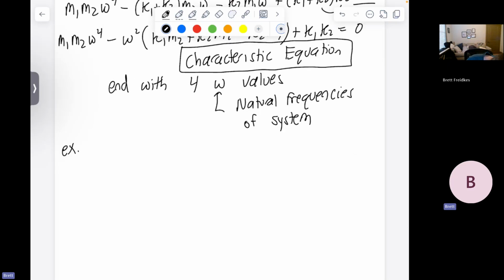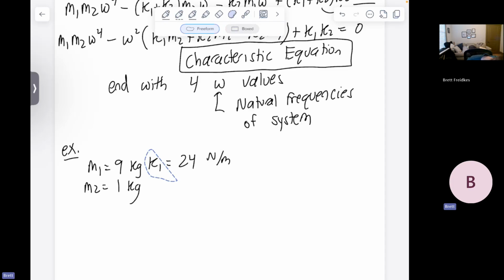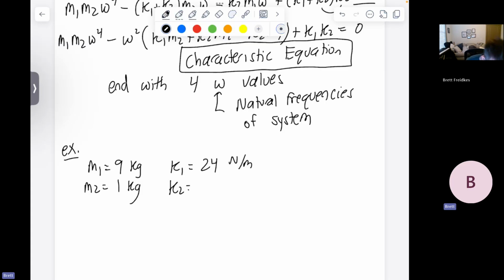So let's do an example with numbers. Let's say I tell you that M1 is 9, M2 is 1, K1 is 24, and all these units will be nice and easy for us, no conversions that we need. And K2, I think I have is 3 units per meter in this example.